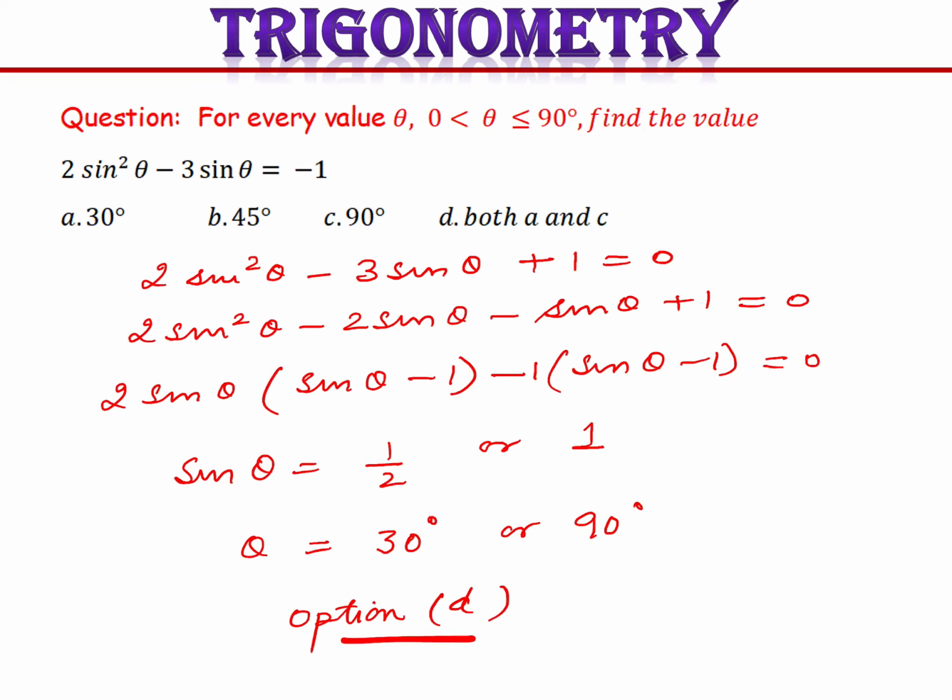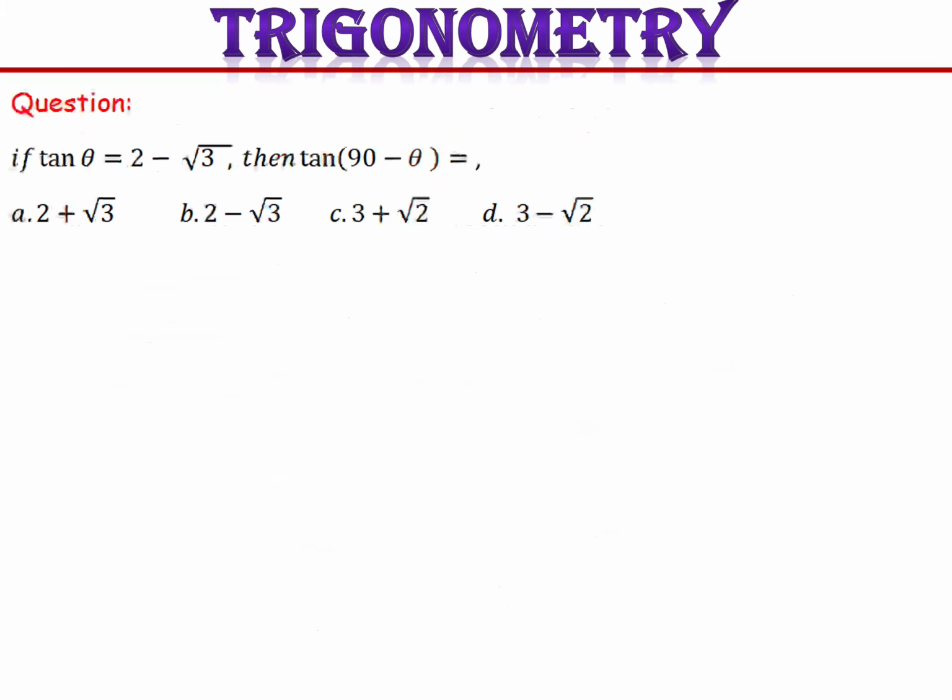So hope this question is clear to all. We move to the next question now. Tan theta is given to me. I have to find tan (90 minus theta). Now see, tan (90 minus theta) is cot theta. Cot theta will be written as 1 upon tan theta.